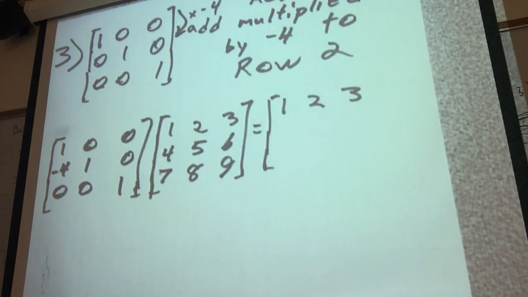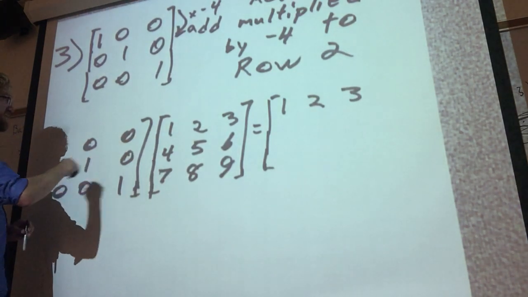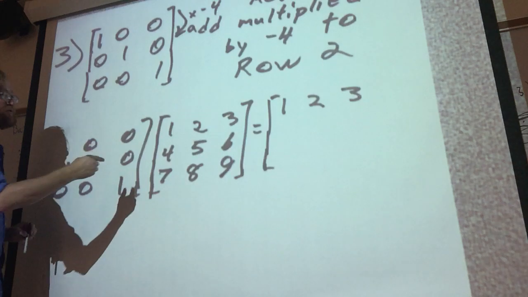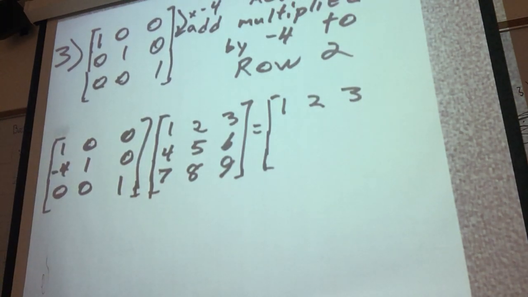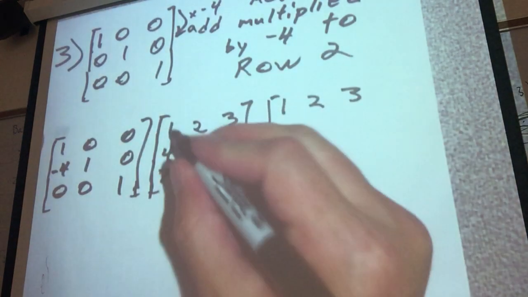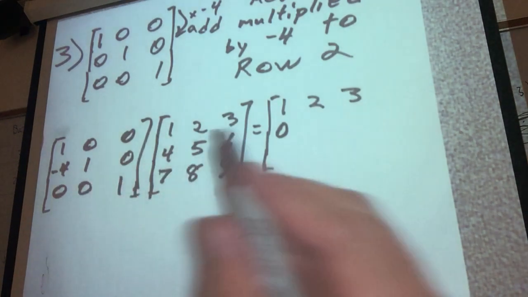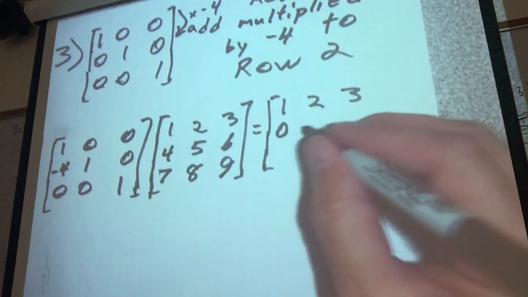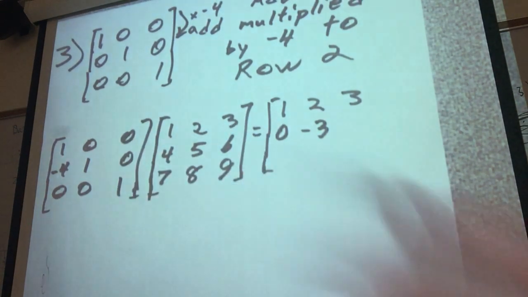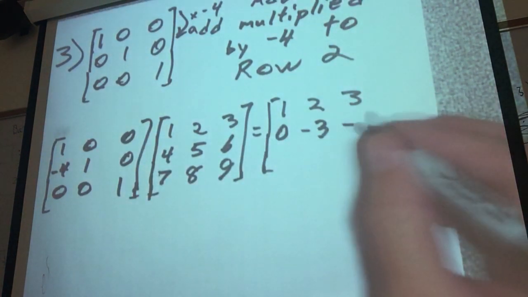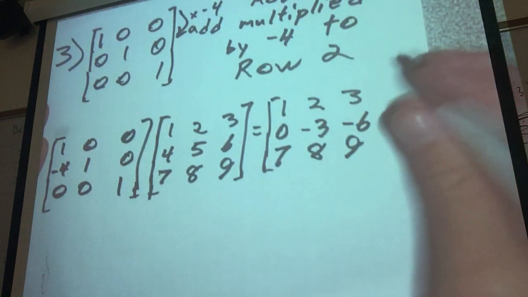It's going to take the entire first row, multiply it by -4 and add it to the row below it. So 1 times -4 plus 4 is 0. -4 times 2 is -8, plus 5 is -3. -4 times 3 is -12. -12 plus 6 is -6. Then 7, 8, 9.